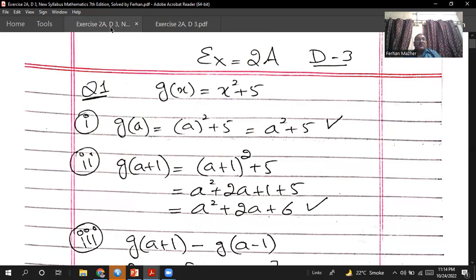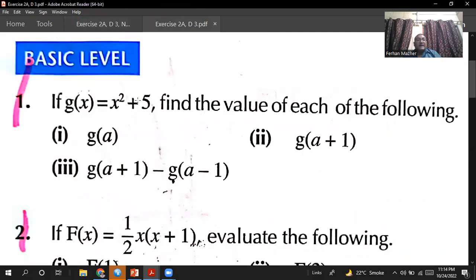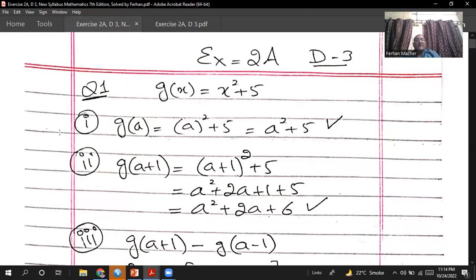Then they want us to find the g of a plus 1. So in that formula, wherever you have the variable, substitute that variable with a plus 1. So g of a plus 1 will be equal to a plus 1 whole square plus 5, because you substituted x with a plus 1. So a plus 1 whole square can be opened with the identity.